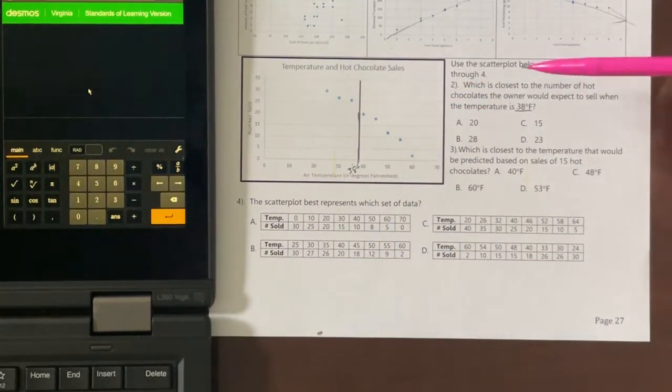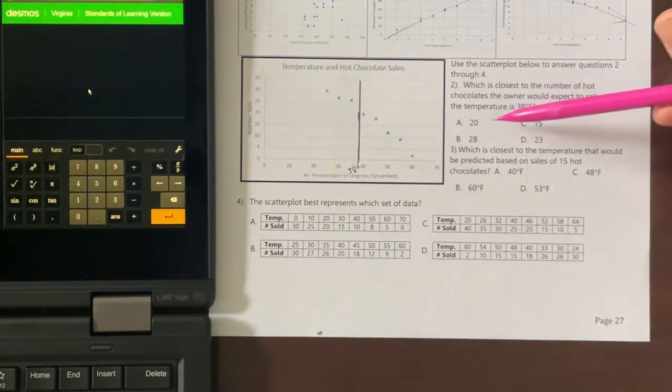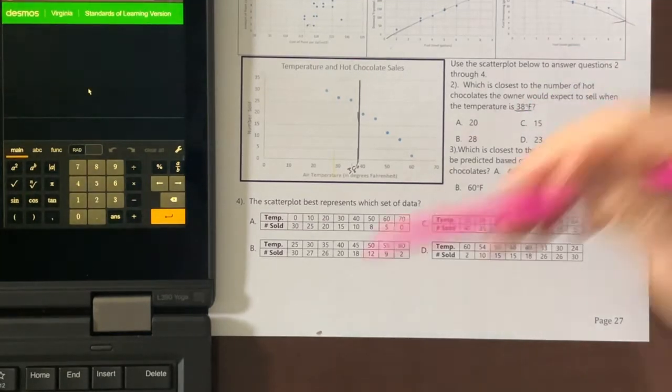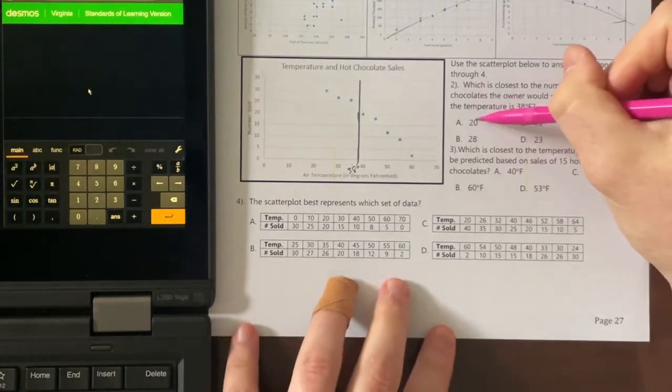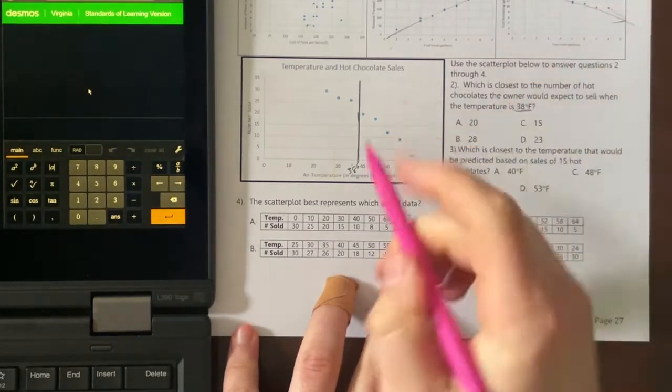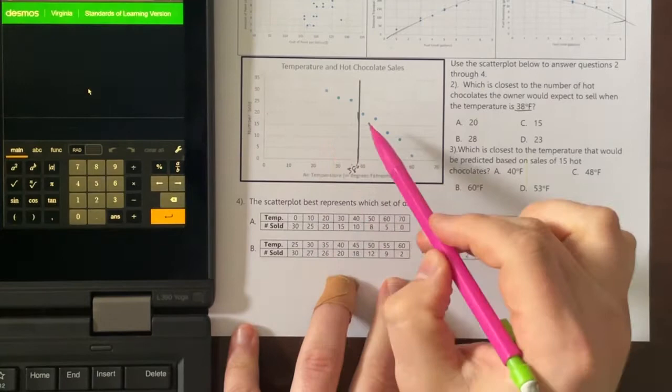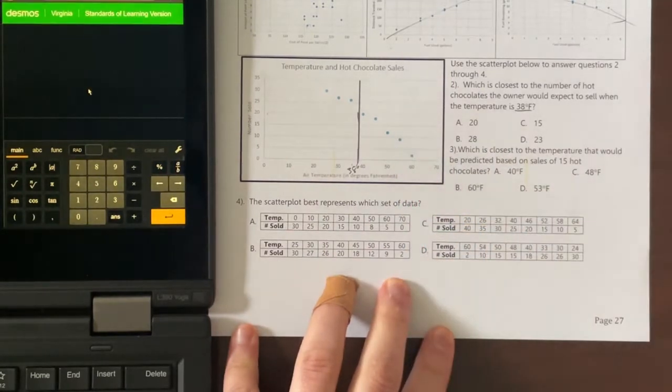And so it's saying, okay, which is closest to the number? That would be 38. So you're trying to see, okay, what would be the best prediction? So let's see. All right, could it be 20? Well, as we go out, it could possibly be 20.